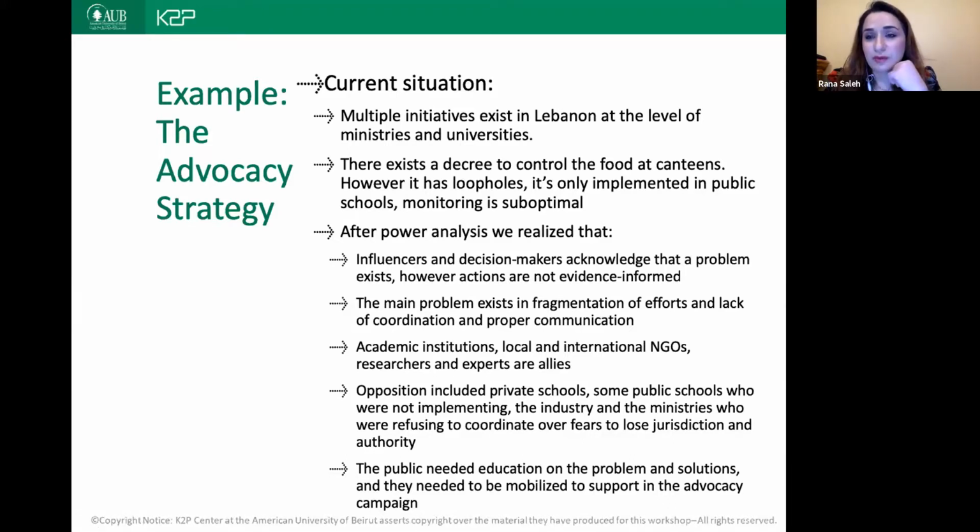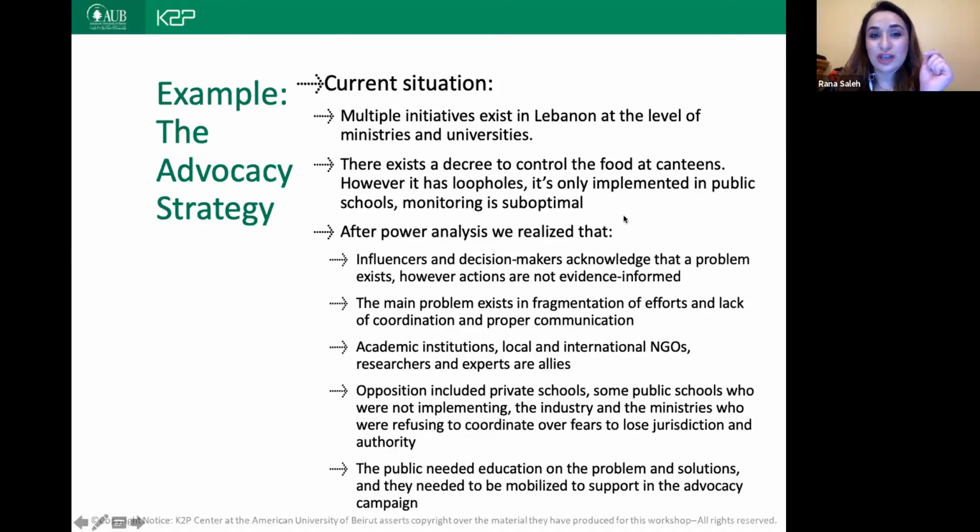It's not that powerful in Lebanon, the decree, and it can be changed by any minister who's in office, and that would pose some risk of conflict of interest, just in case the minister who comes along has any connections with the private industry, and as such they can change the decree if they did not like it.